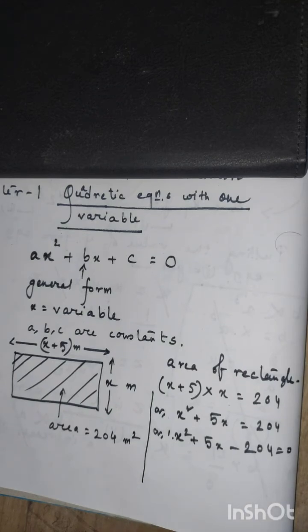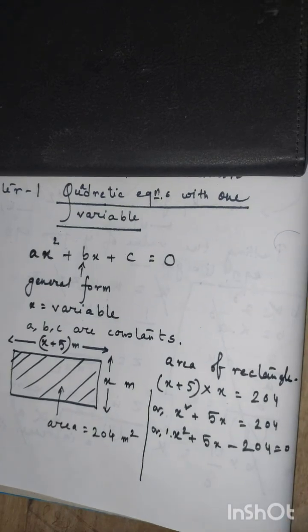This is our quadratic equation. Now we can solve this equation for x. We know how to do middle term factorization.